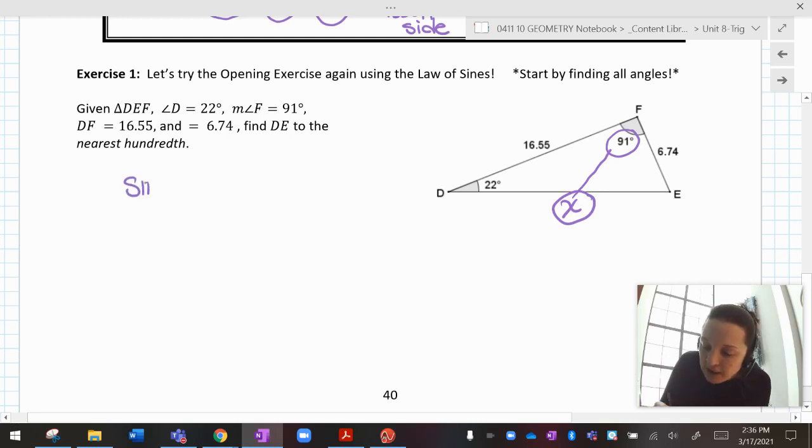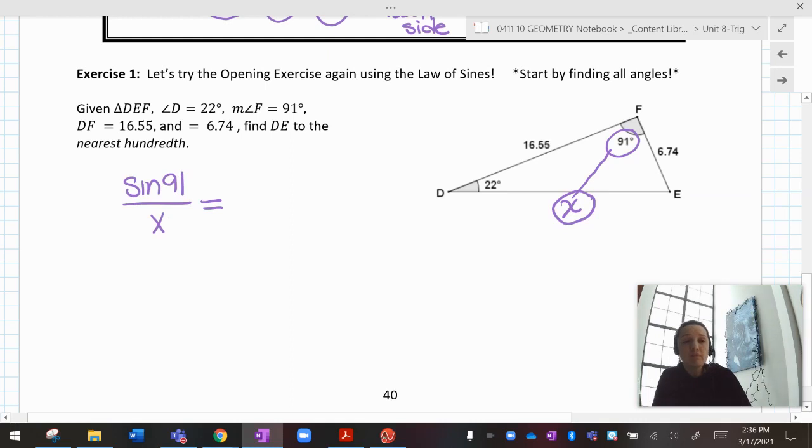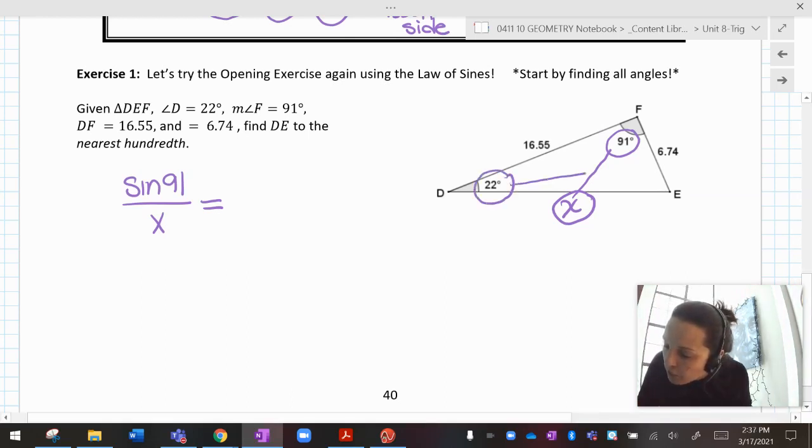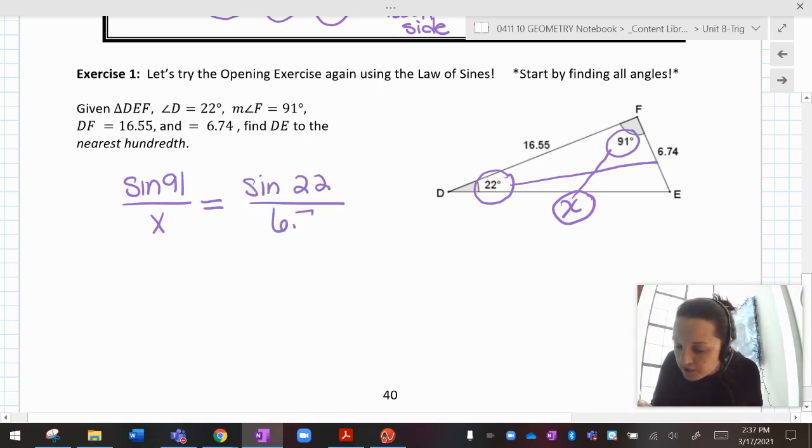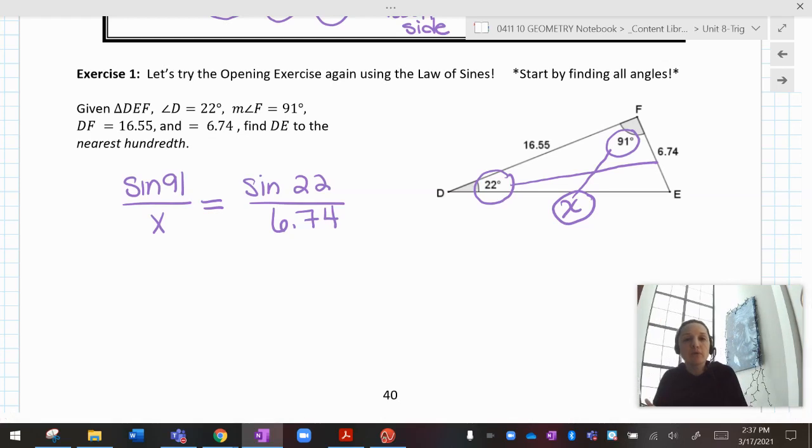So I would say sine 91 over x equals the sine of another angle over its opposite side. The only other angle I've got is 22, and 22 is across from 6.74. So I'm going to write sine 22 over 6.74. It's that simple.